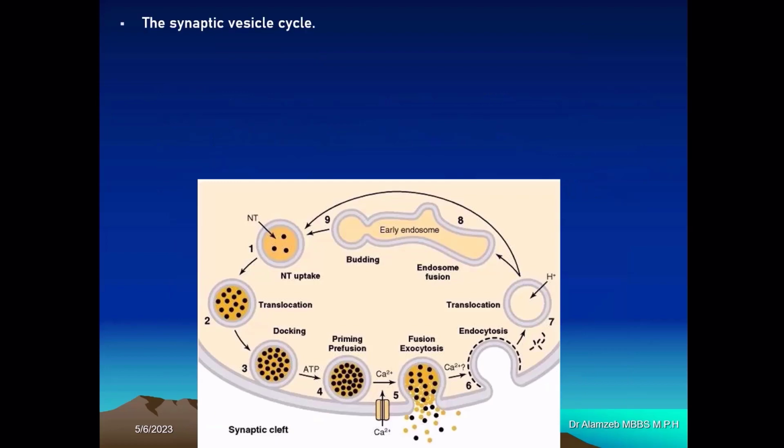There is another theory: because in a long neuron the soma is far away from the neuronal terminal, synthesis of such a large number of these vesicles here is not easy, and other researchers agree that vesicles are recycled.